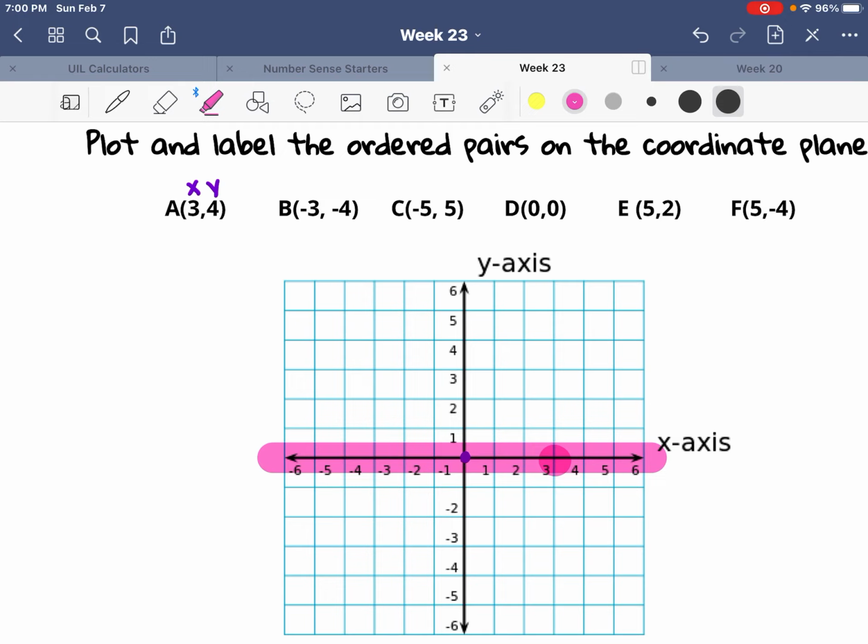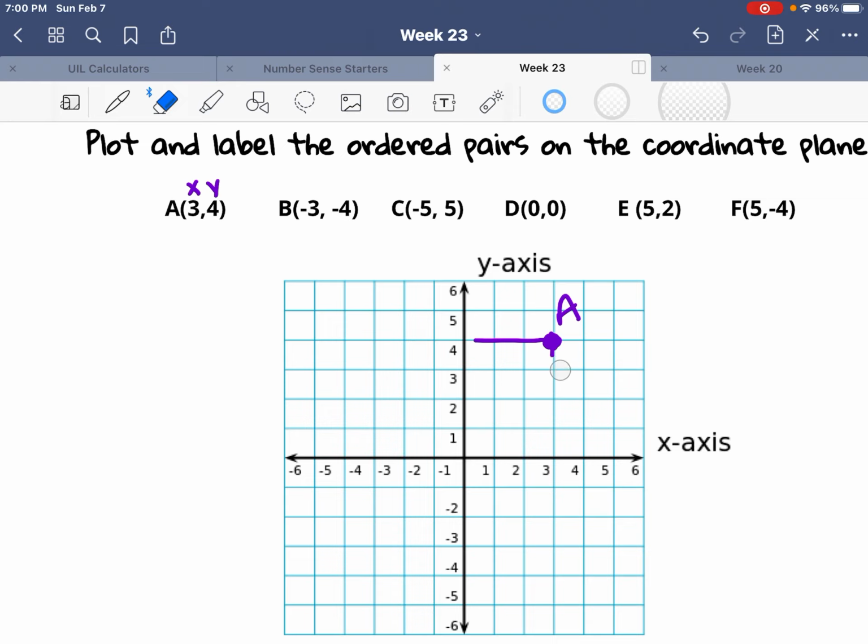Okay. The second coordinate is on the y-axis. Here's the y-axis, and I'm going to go to that point on the y-axis. Where those two things intersect, here, 4, that would be point A. Okay, I do not need those lines there because I'm not plotting lines.